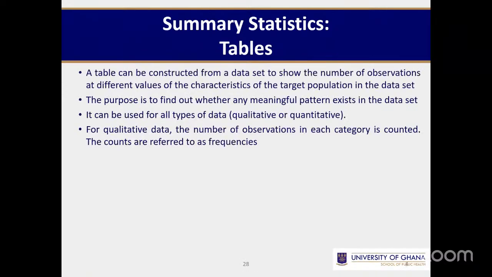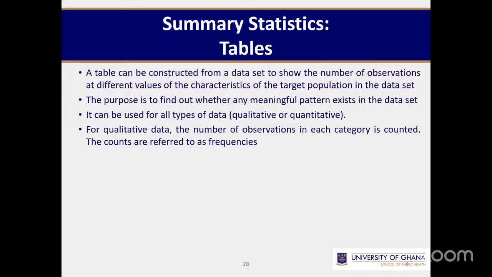Good. Let's talk about tables. A table is constructed from a data set. And basically, what do we intend to show with tables? Just to show the number of observations at different values of a characteristic.